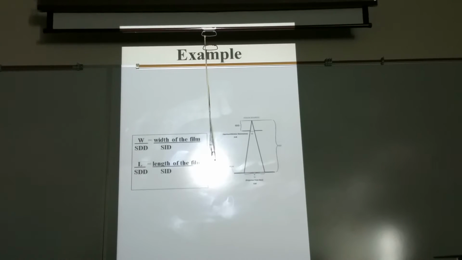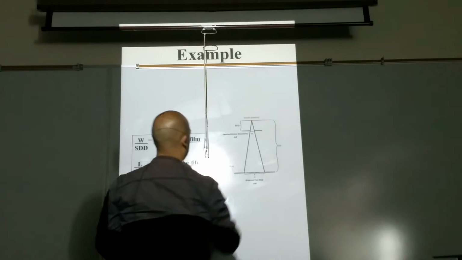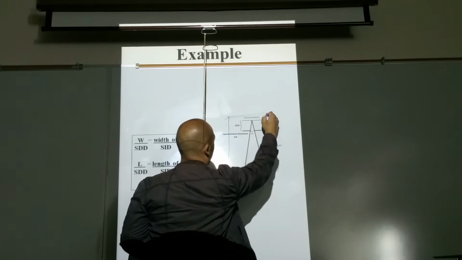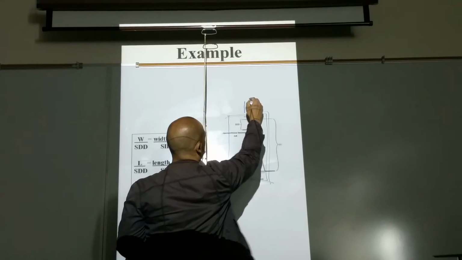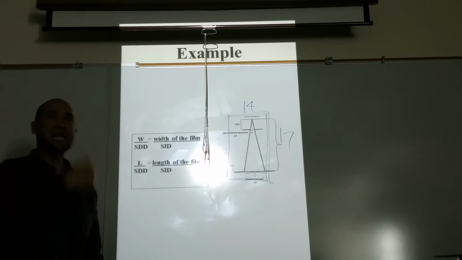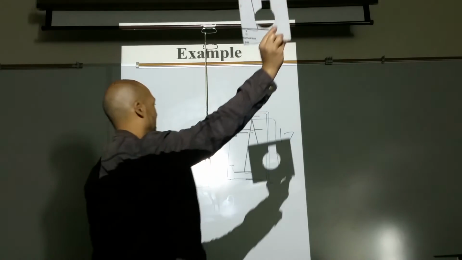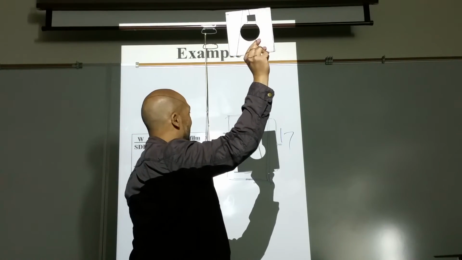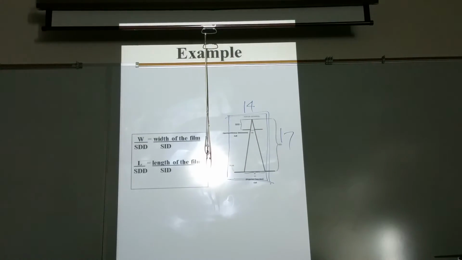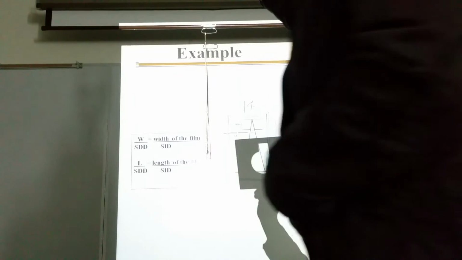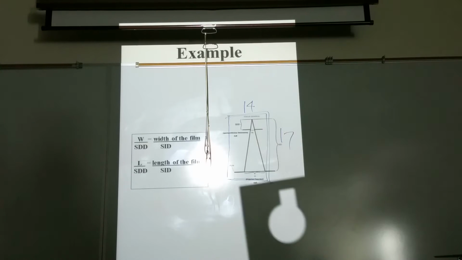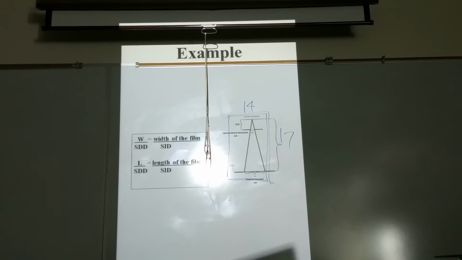Let's just say, for instance, here is my image receptor. My image receptor is my cassette. Let's just say it's 14 by 17. I need to determine what size aperture I'm going to use and at what distance from my source to aperture to get it to the right size of my beam until I fill up that 14 by 17.